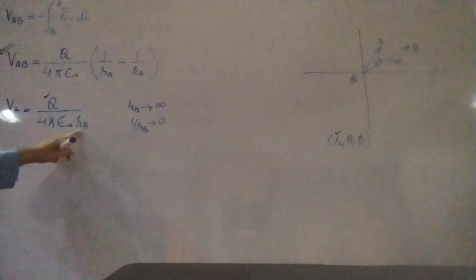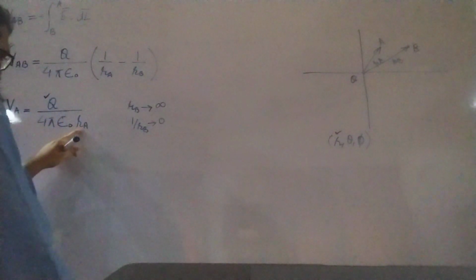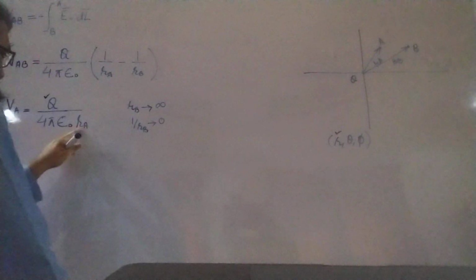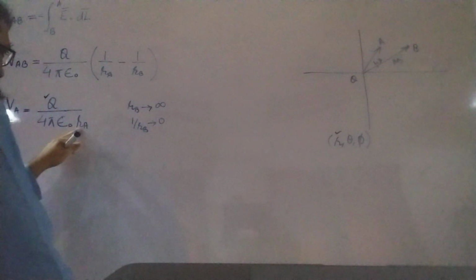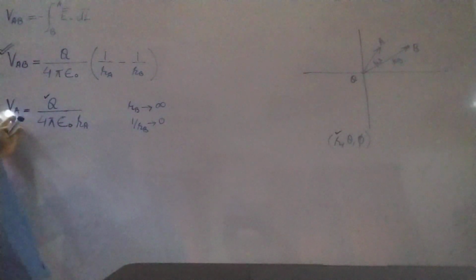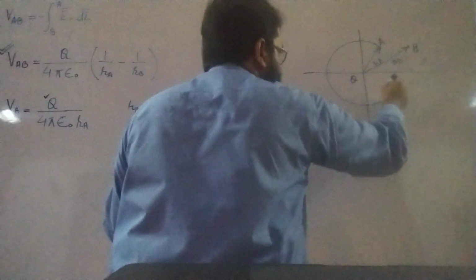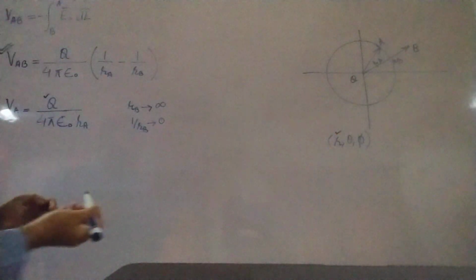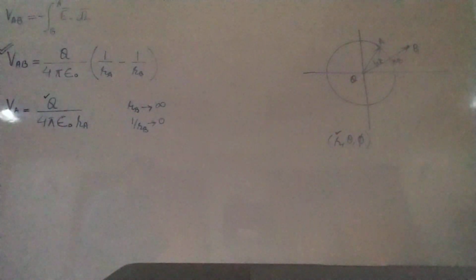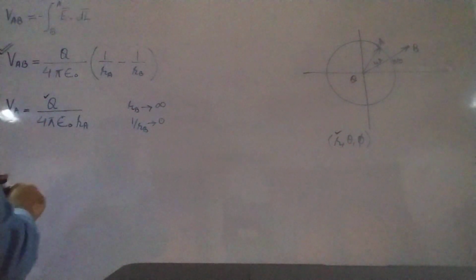So a collection of all those points which are equidistant with respect to the origin would give us the same potential, and in a spherical coordinate system it is nothing but a sphere.